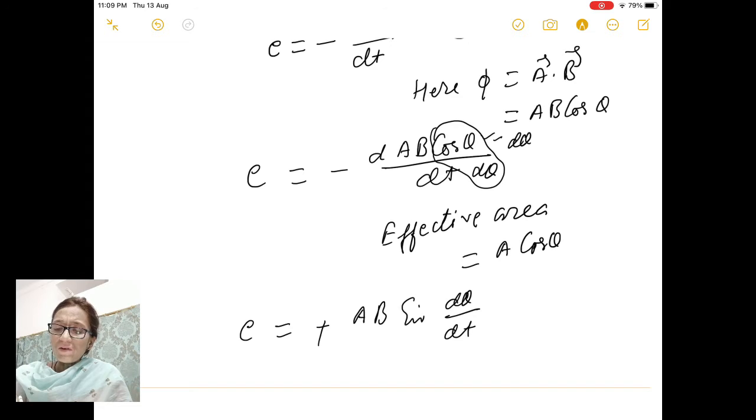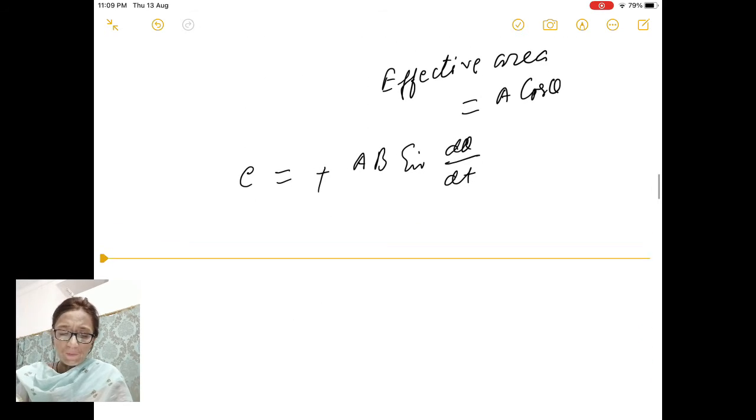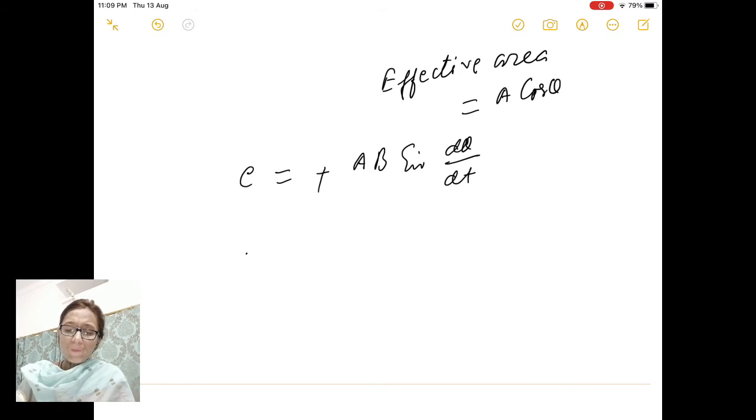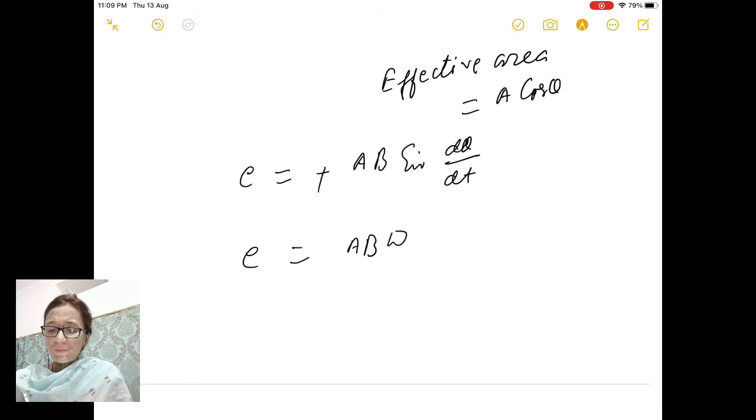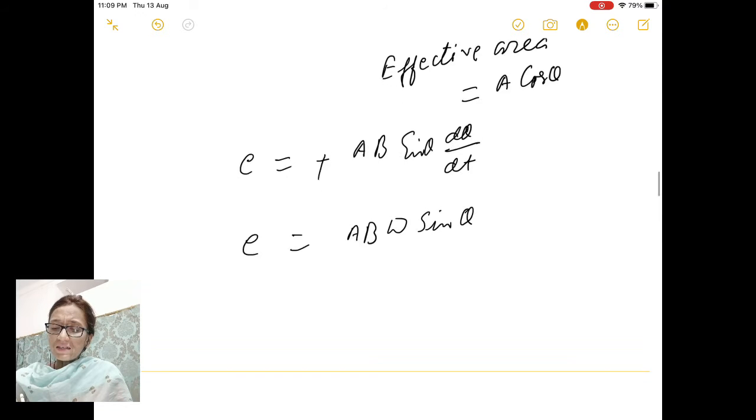I have differentiated this quantity and I'm left with d theta by dt here. So E becomes equal to AB, and this rate of change of angular displacement is angular velocity omega, and you have here sine theta.